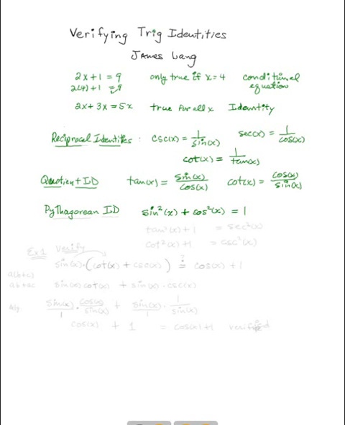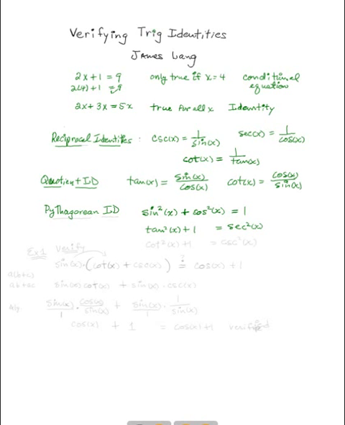Now, there's two other Pythagorean identities, lesser known perhaps, but one of them is that tangent squared plus 1 is equal to secant squared. Now, if you don't want to waste too many brain cells, you could derive this one by dividing the first one through by cosine squared.